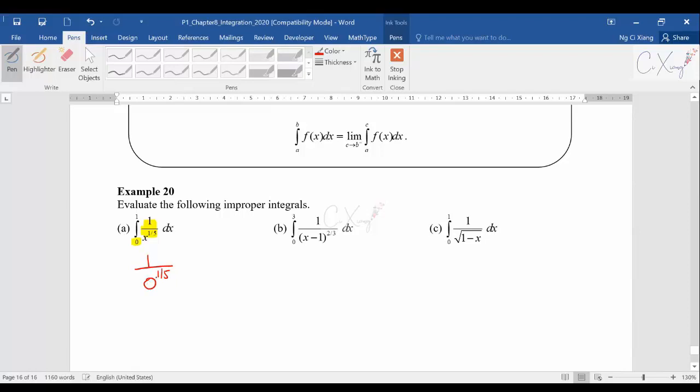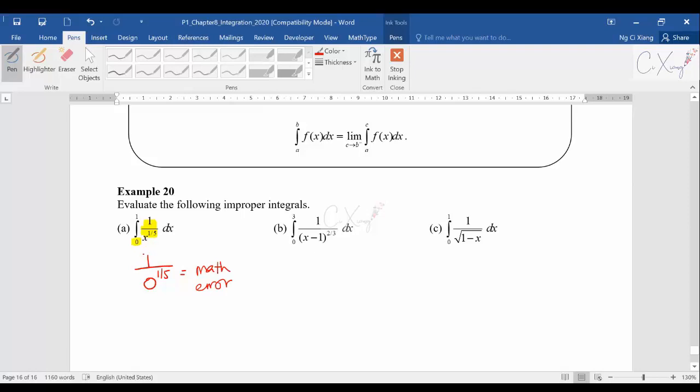So what is 1 over 0? It is a math error or it is undefined. Because of this, we put this integration as an improper integral. So that's the reason why we do it like this.